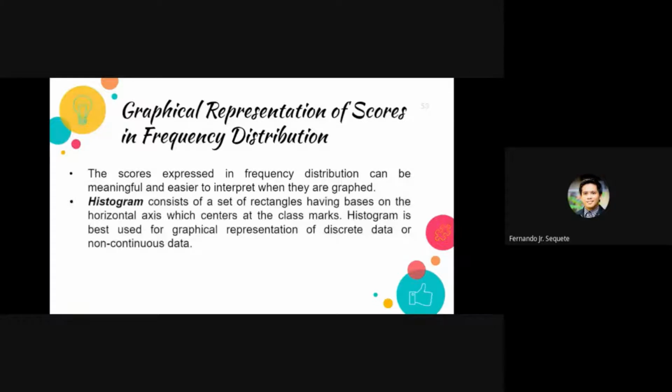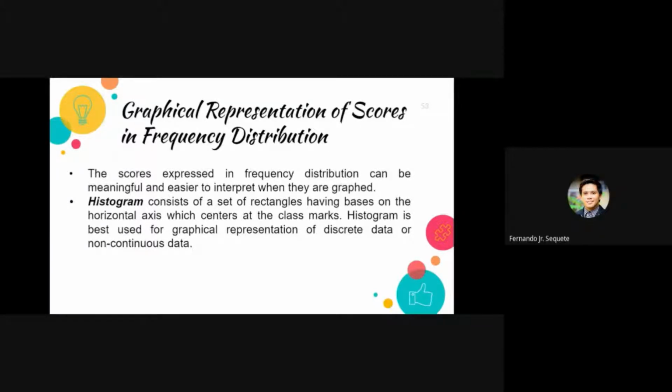By the way, I will be introducing you to two main graphical representations of scores for the FDT. Based on your handout, there are just two: we have the histogram and the frequency polygon. Histogram consists of a set of rectangles having bases on the horizontal axis.